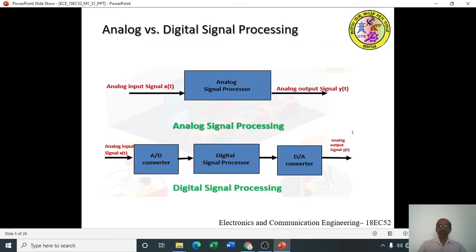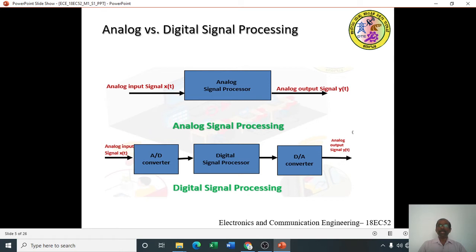As we discussed about signals and systems, the systems can be analog systems or digital systems. Any operation that you do on a signal is called signal processing. Means signal processing can be done in analog domain or digital domain. If the signal input is analog and output is also analog, such systems are said to be analog signal processors.